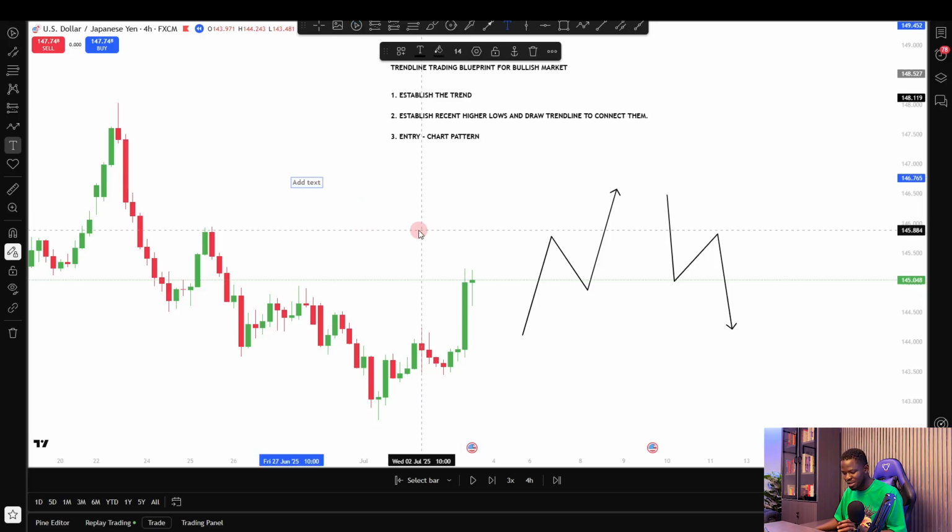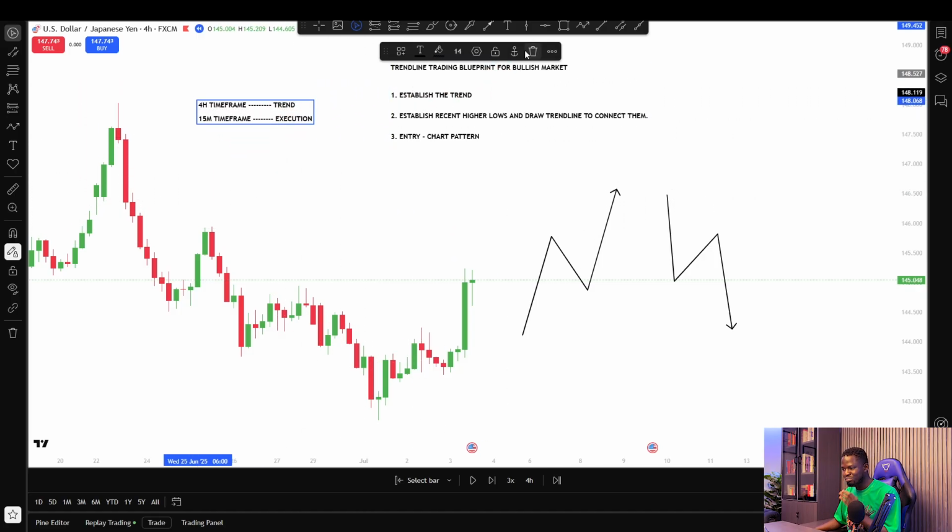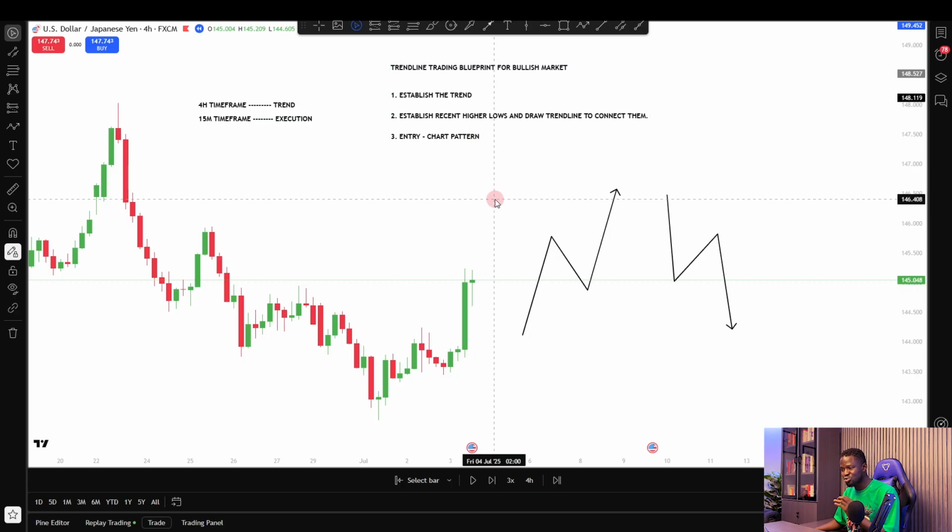The first time frame you want to use is the 4 hours time frame to establish the trend, right? Then your entry time frame will be the 15 minutes time frame for execution, right? So I'm going to walk you guys through it step by step so that you'll be able to understand this blueprint and how to use it to trade the trendline trading strategy.